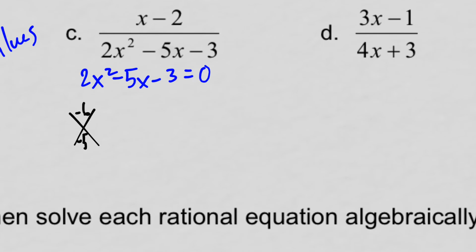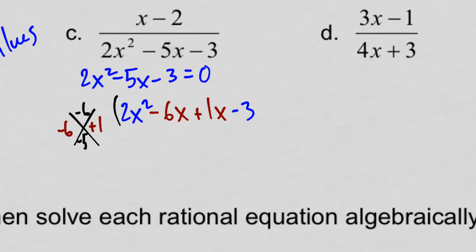Two numbers that multiply to make negative 6, but combine together to make negative 5. I'm going to say negative 6 and positive 1. Right? Negative 6 times 1 is negative 6. Negative 6 plus 1 is negative 5. Yep, that's correct. 2x squared minus 6x plus 1x minus 3.